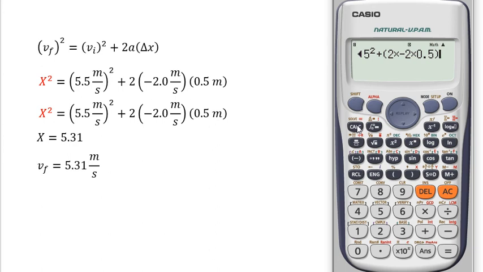Shift, and then the calc to solve. Click the equal sign. The answer would be 5.31. Okay, I think we should round that to 5.32 meter per second.